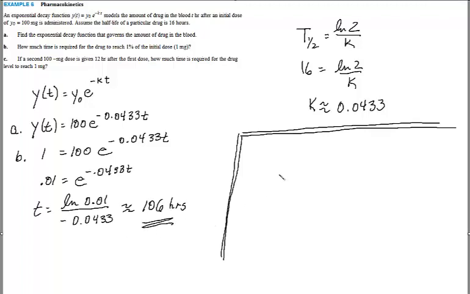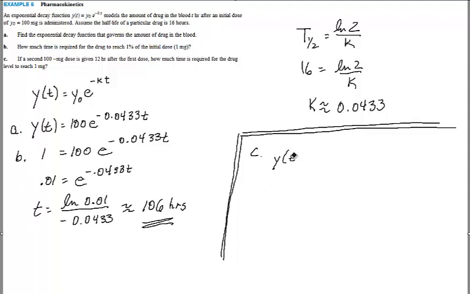The C question is a little wiggly. Let's see. I give a dose 12 hours after the first dose. How much time is required for the drug level to reach 1 milligram? Okay. Let's see how much drug is left in his system after the 12 hours.